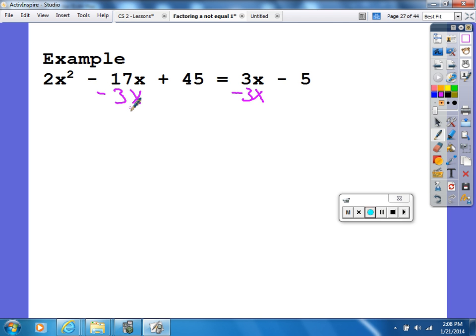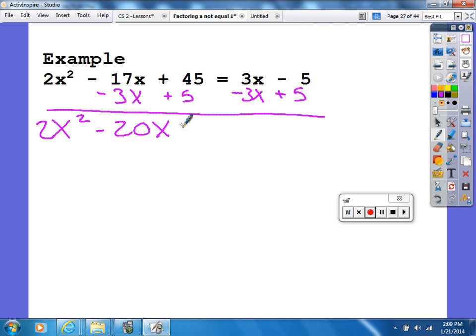How do I move this piece over? Yep. You explained it in a way to do the entire thing at once. You can do that. Is that something you've done before in the past? Right. We've all done this one before. Okay, so now I have 2x squared minus 20x plus 50 equals 0.